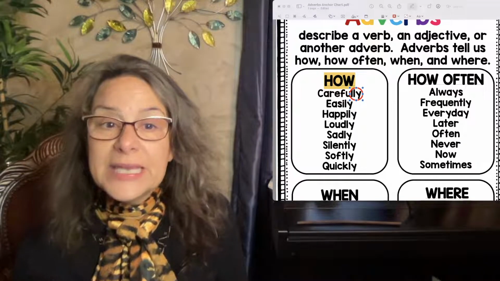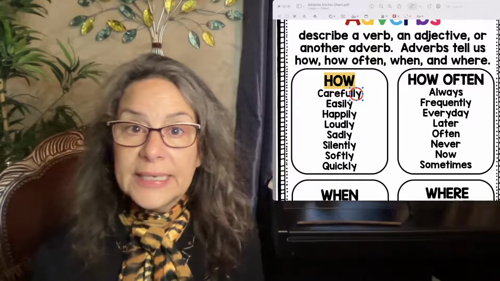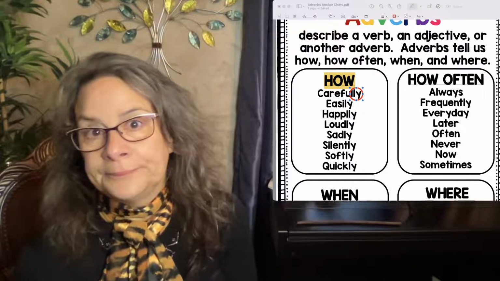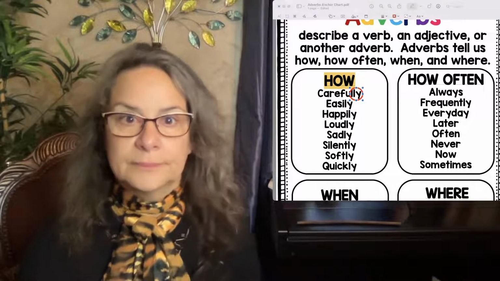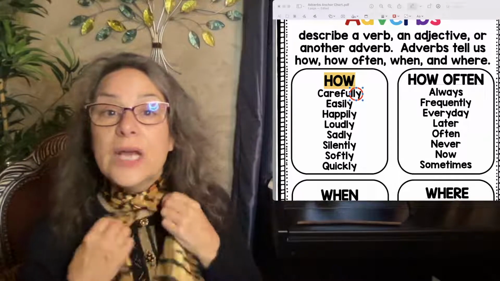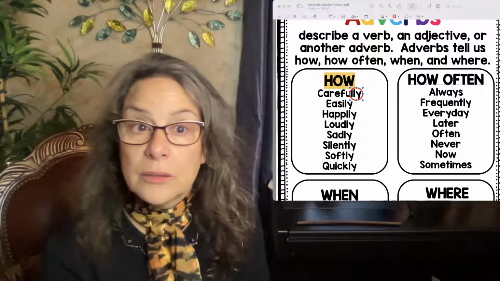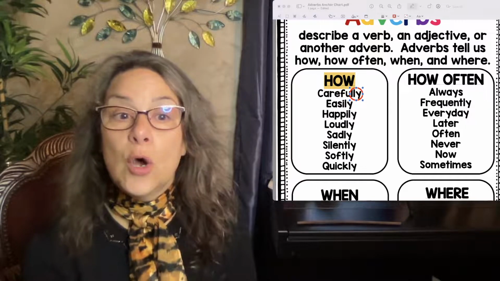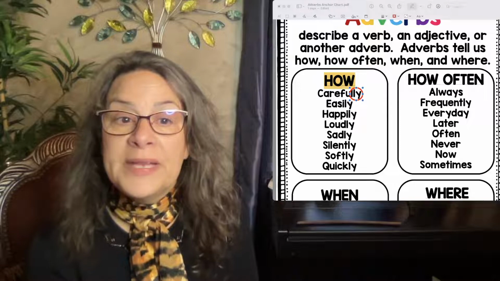How was he speaking? Loudly. He was carefully opening the jar, right? So carefully is describing opening, the verb opening.